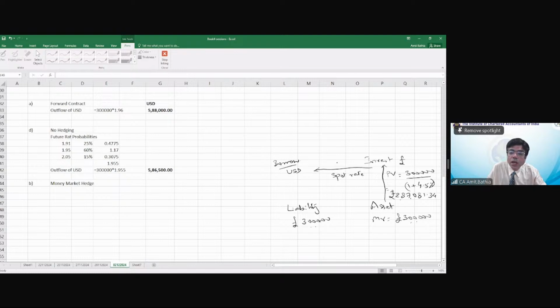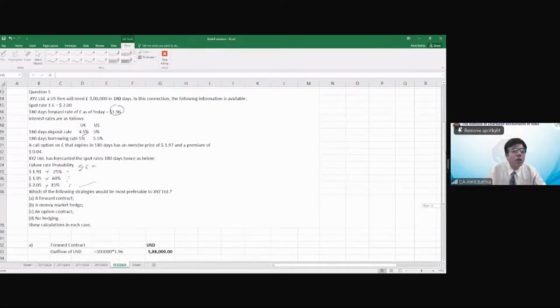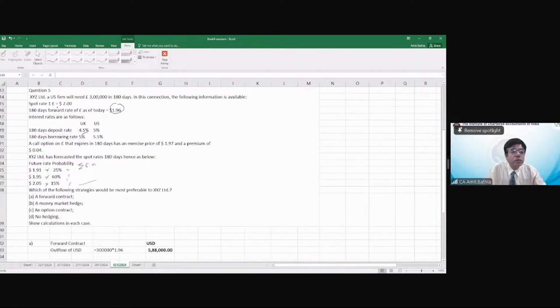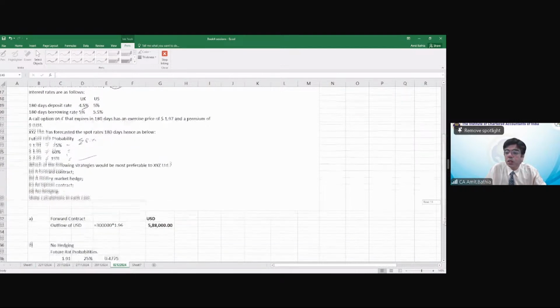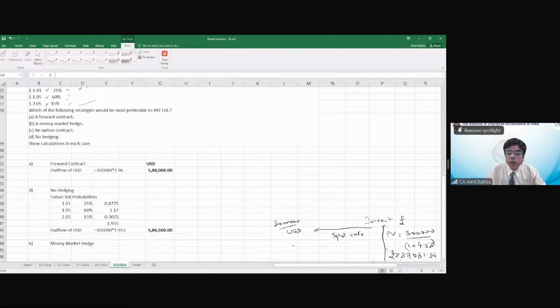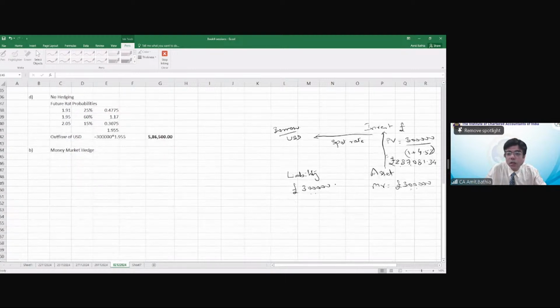I took a loan and I need to buy pounds today. So what will be my rate today? Do I know the spot rate? Yes, today's spot rate is 1 pound equals $2, right? So I have to take today's rate. So it's going to be 287,081 into 2.